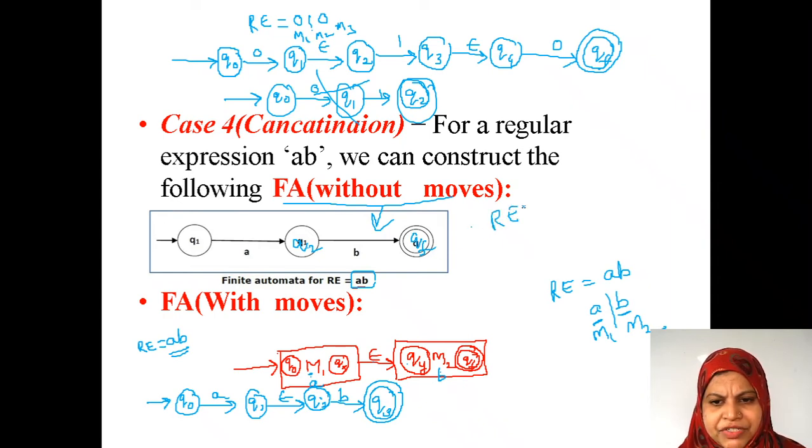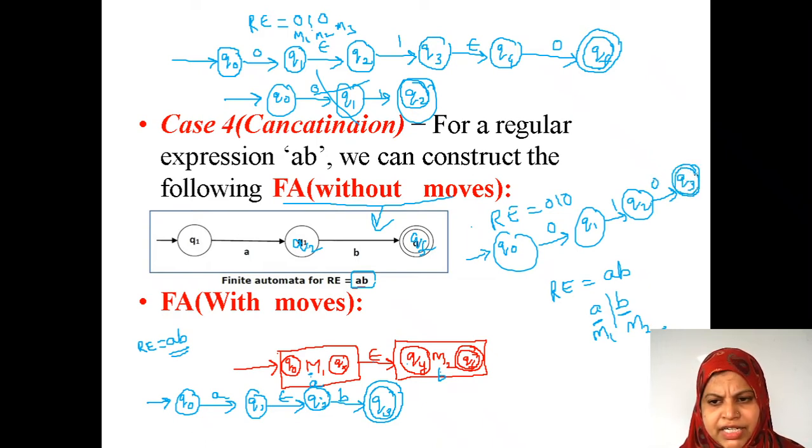My regular expression is 0 1 0, so Q naught, 0, Q1, 1, Q2, 0, Q3. Q3 is my final state. We have to give a name for that particular state.